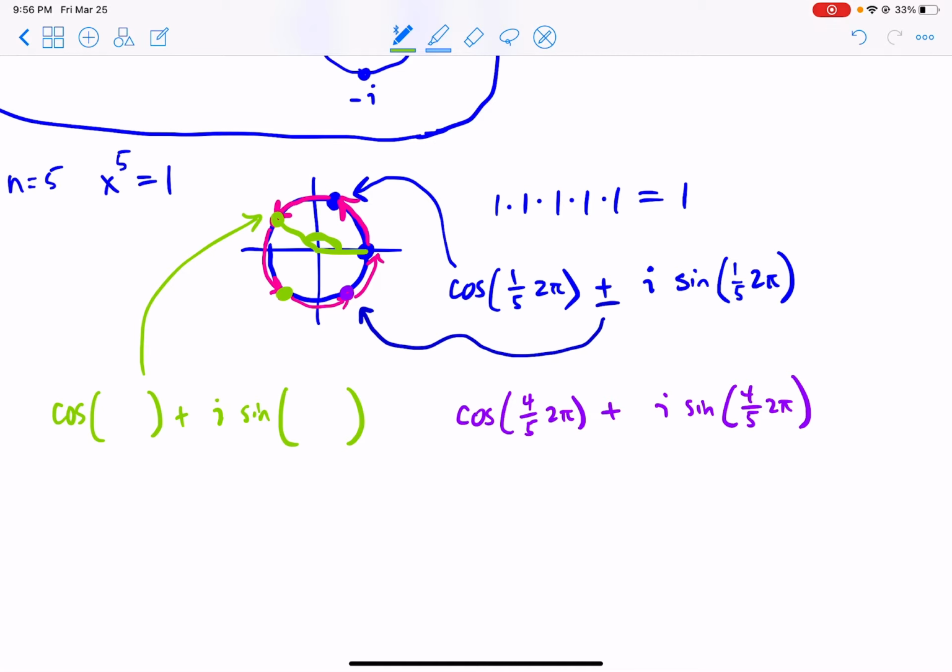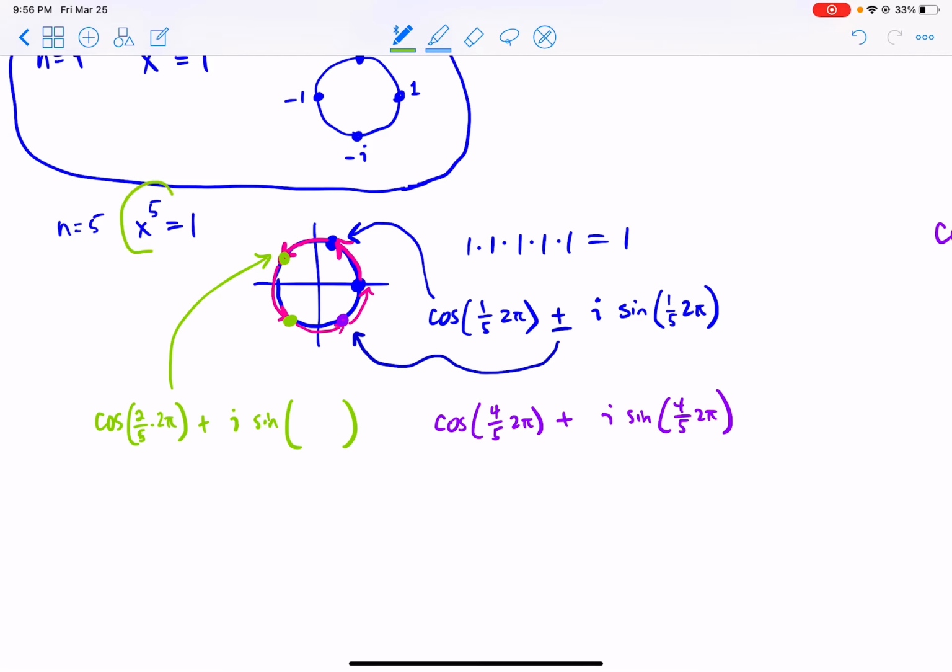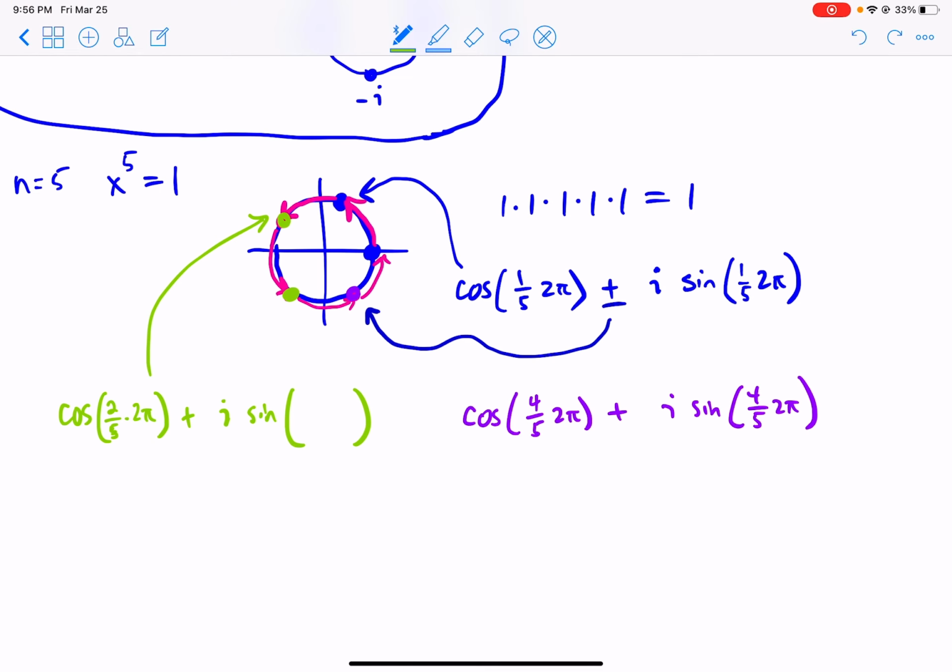It's some amount of 2 pi. I would say it is 2/5 of 2 pi, a fifth so that when we do it 5 times, we'll get 2 pi. And 2/5 of 2 pi, that looks right. And then this one down here is 3/5 of 2 pi. But we can tell by just looking that it's going to be vertically flipped, and so you just put a minus and it'll be the complex conjugate.